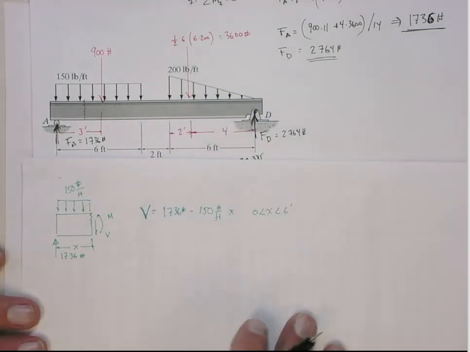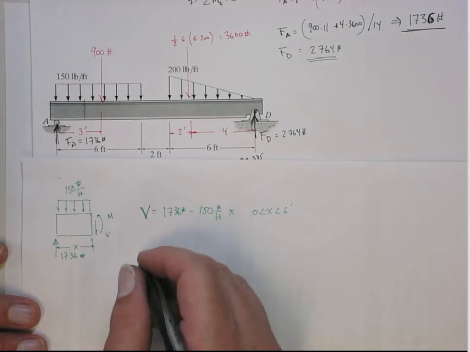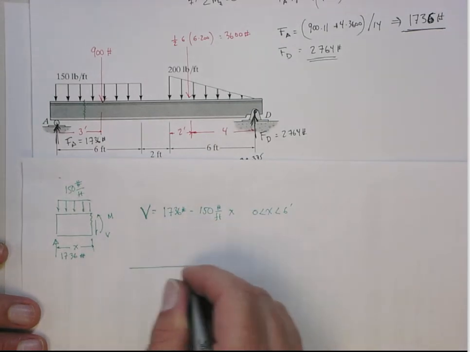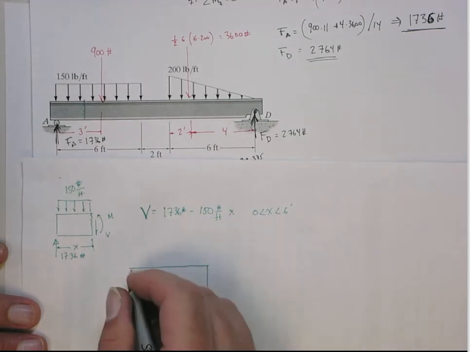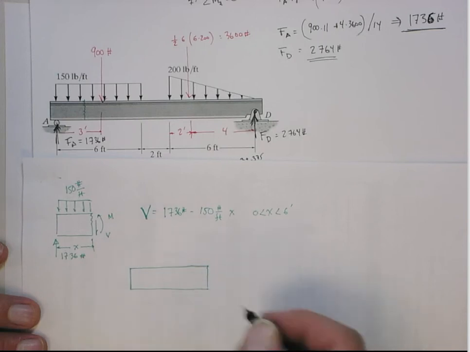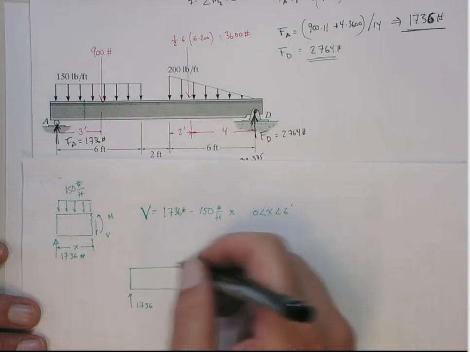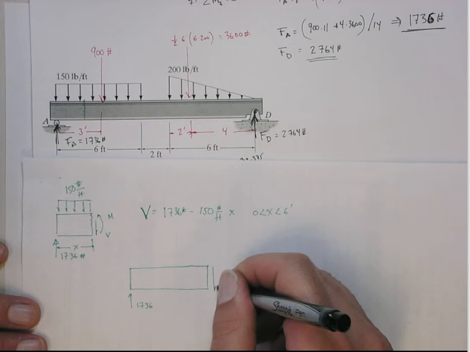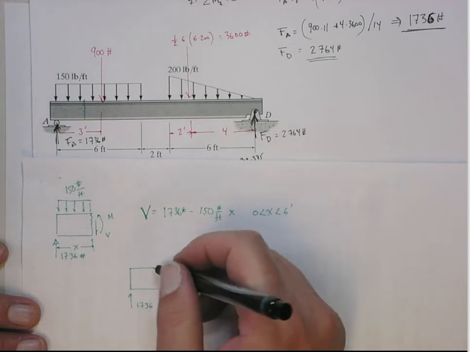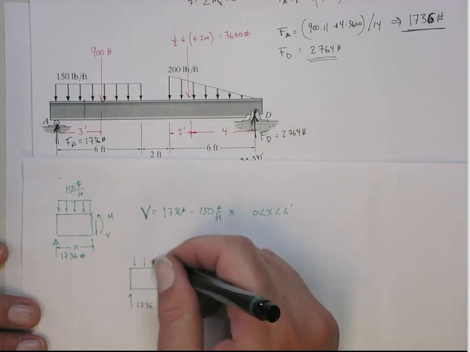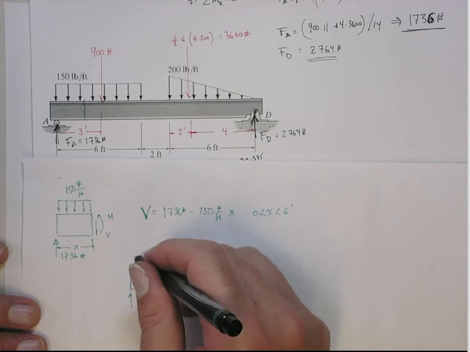Okay? Once we get past that, now we do it from 6 feet to 8 feet, right? We'll see this coming up. Actually, now since we're doing the shear diagram, again, here's V. We'll have this downward force distributed.